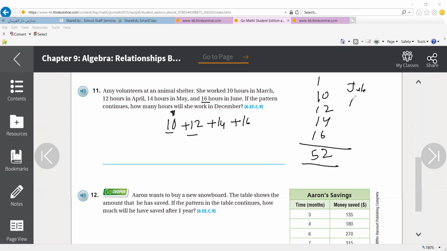July, August, September, October, November, December. Plus 2 after 16: 18, 20, 22, 24, 26, 28. So in December it is 28.